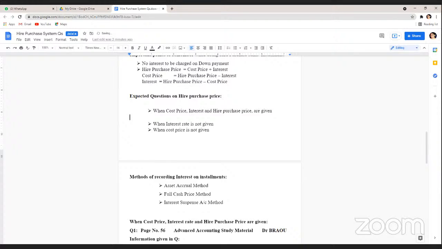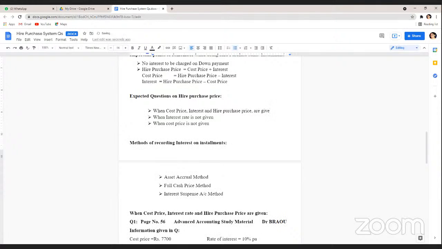The total cost price of the asset will be given, the interest rate will be given, and you must calculate interest and apportion the cost price and installment amount from the outstanding amount, showing the interest separately, hire purchase separately, and cost price separately. For that you need to put a table. That table is like a pillar to the amounts that you show in your journal entries.